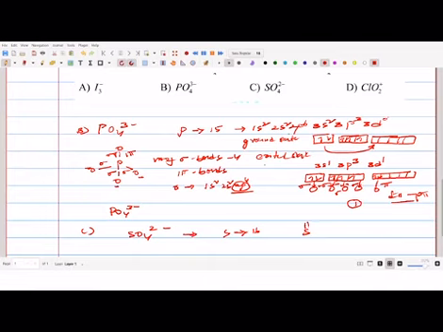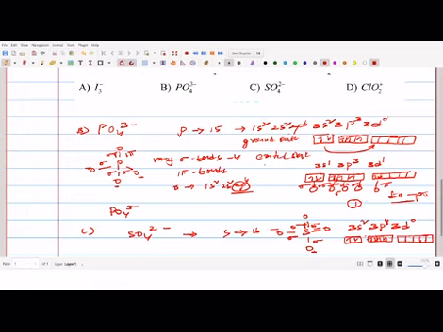Sulfur will show double bonds with two oxygens and single bonds with two O minus, with 4 sigma bonds. The outermost configuration of sulfur is 3s2, 3p4, 3d0.